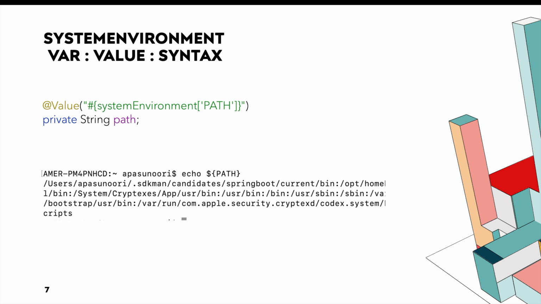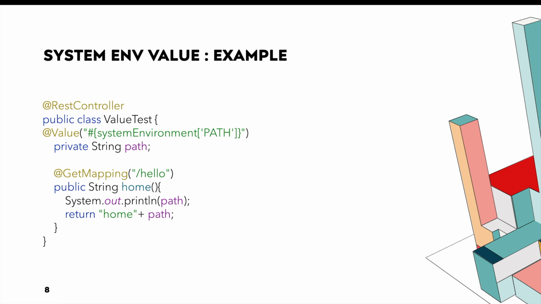So in this example, with the @Value annotation, I'm using systemEnvironment, I'm passing path. So I will get the path environment variable's data. You can use JAVA_HOME or any environment variable that has been set. As I know in my system, path has been set, so I'm accessing path with the system environment. So this is the syntax. This will be the sample code.